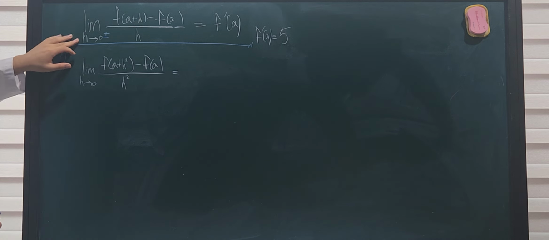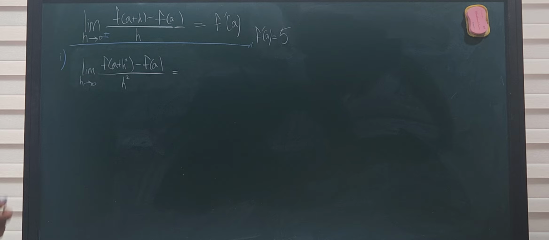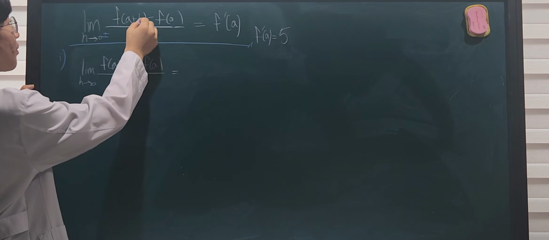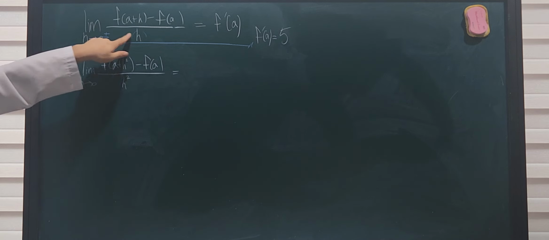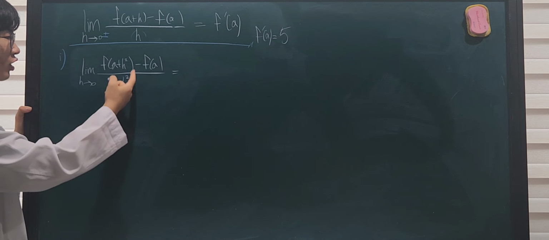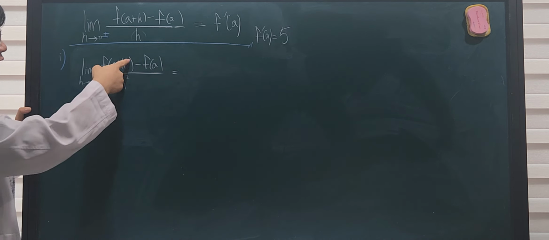However, while we said that h must approach 0 from both the positive and the negative side, I forgot to mention that this h shares the same h as here. The denominator and the numerator here are not h with the power of 1; they have the power of 2.